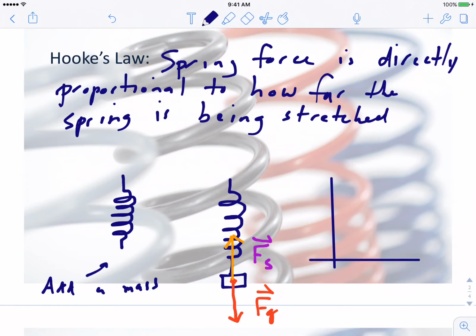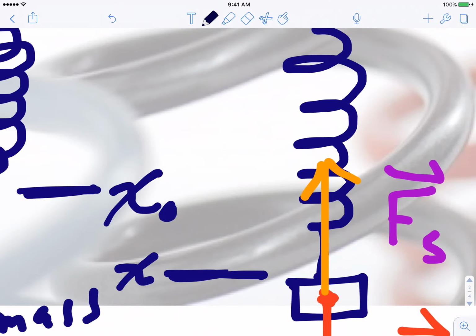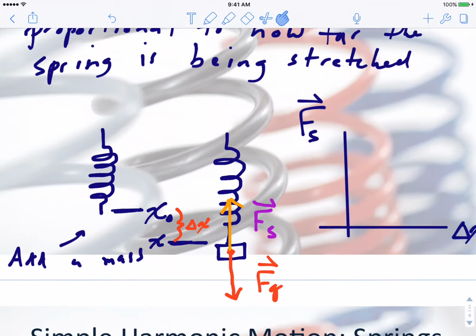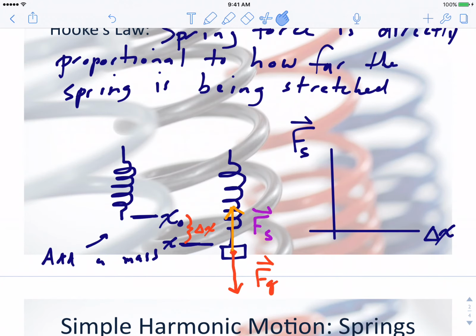So if we were to graph the spring force versus the amount of stretch, delta x, we'll call that, where x0 would be here, and x final would be here. And delta x is the amount of stretch that we get.